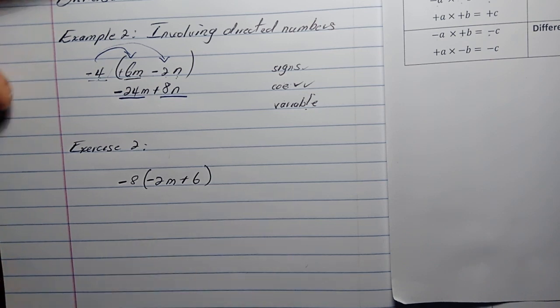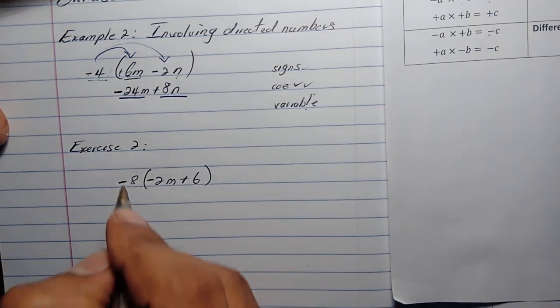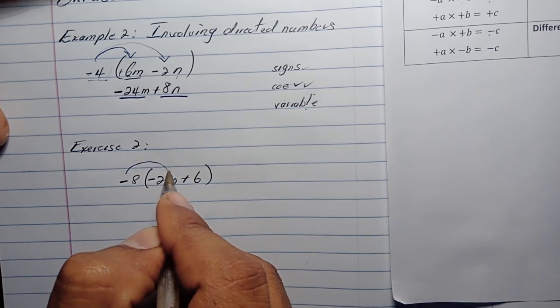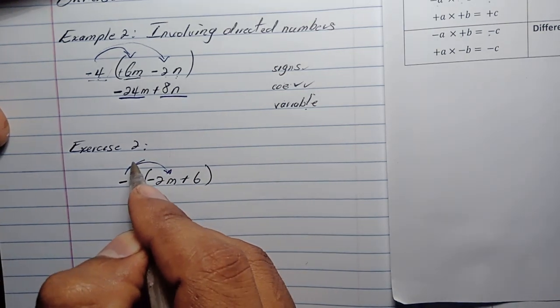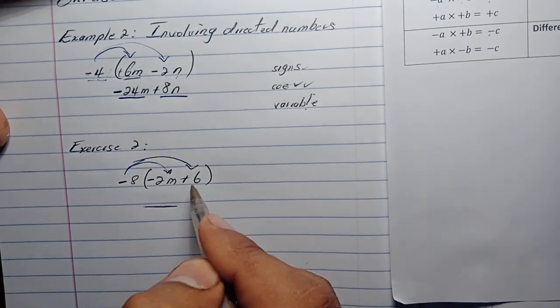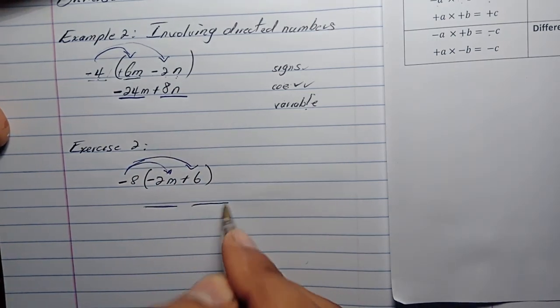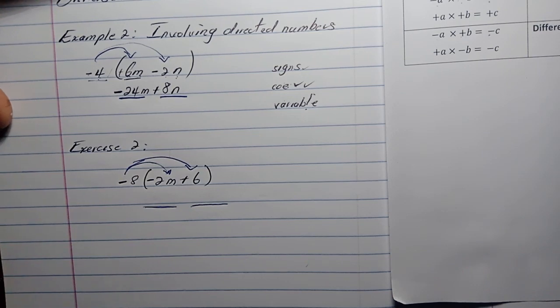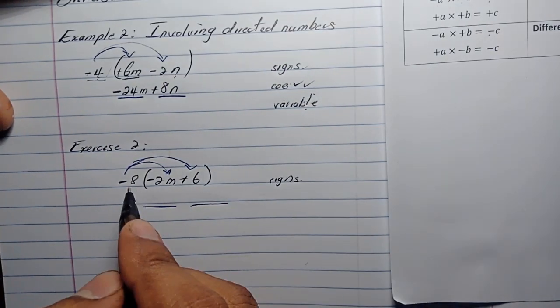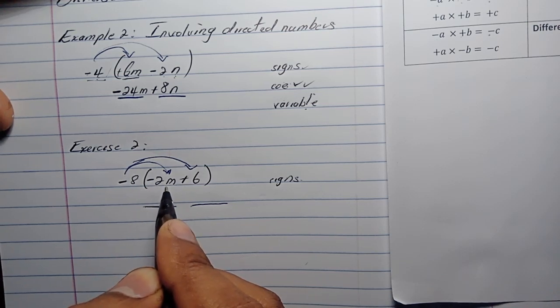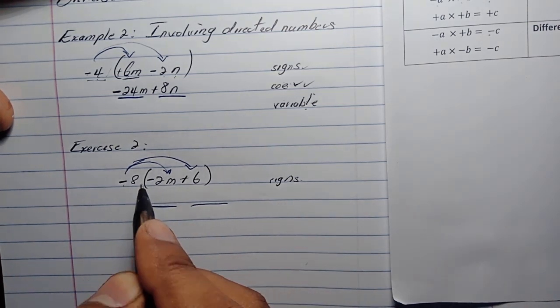Okay, so as usual, let's just remember we have to multiply the term outside to the first term. We put our answer right there. Then multiply the term outside to the second term. We put our answer right there. Let us deal with the signs first for this first multiplication. So a negative and a negative.